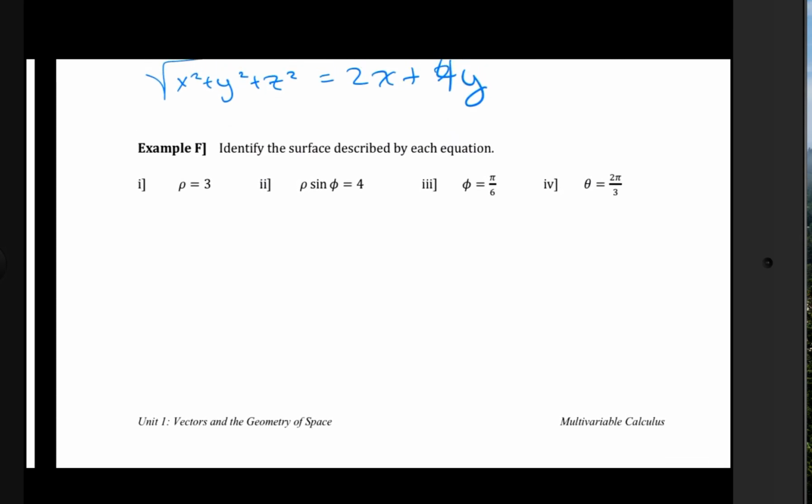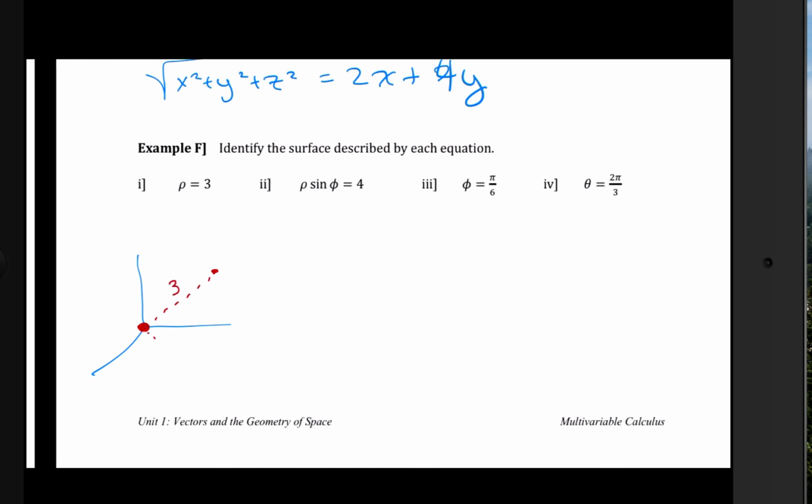So we want to identify the surface described by each equation. And some of these are easier than others, right? So if I think about what it means for rho to equal 3, in my spherical coordinate system, this is saying that the distance from the origin to a point in space is always going to be 3.